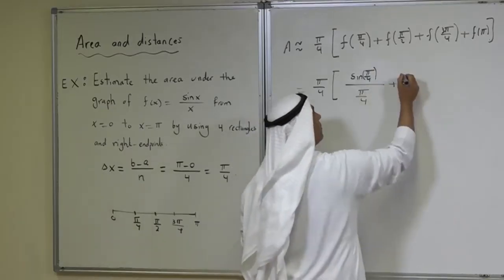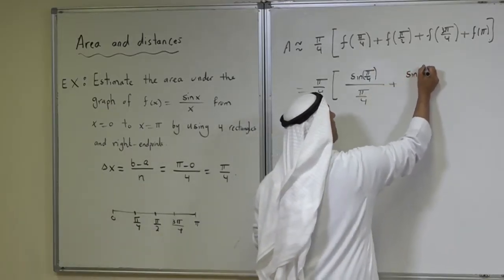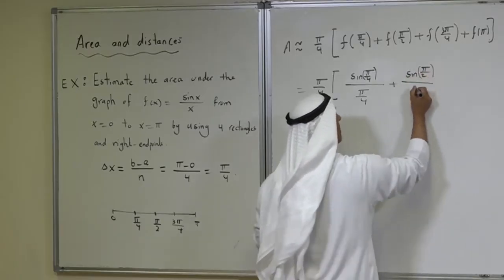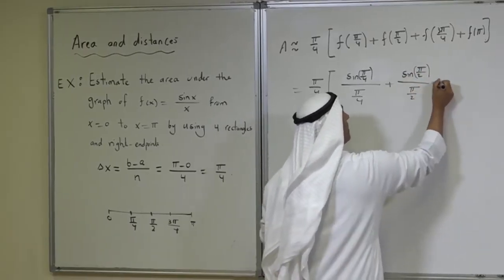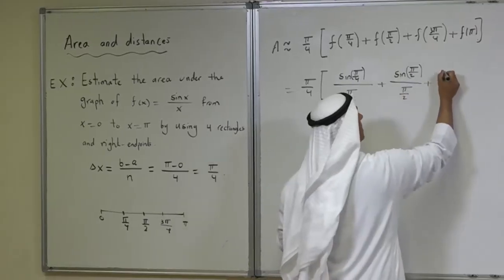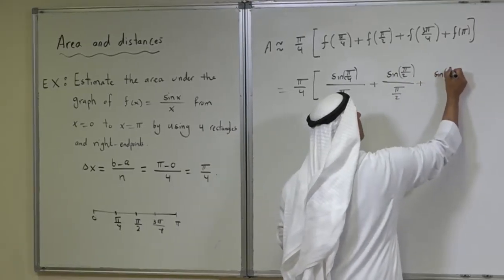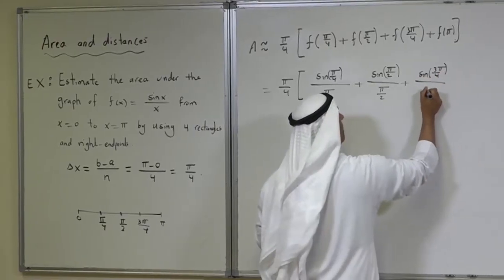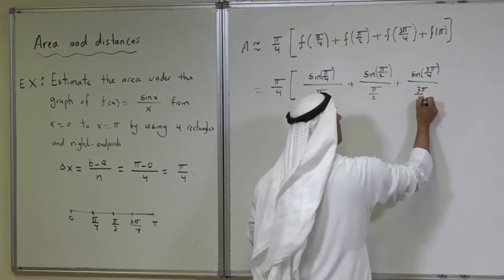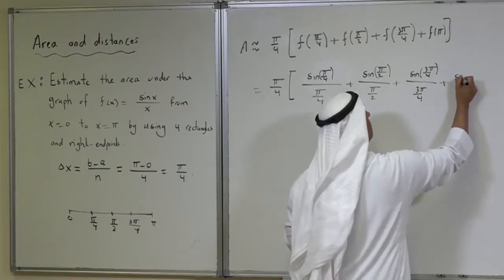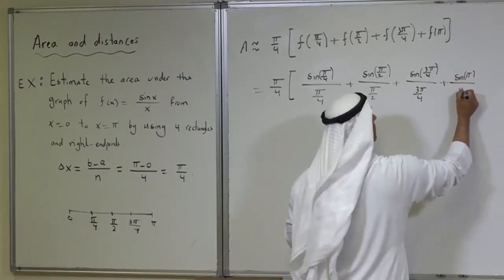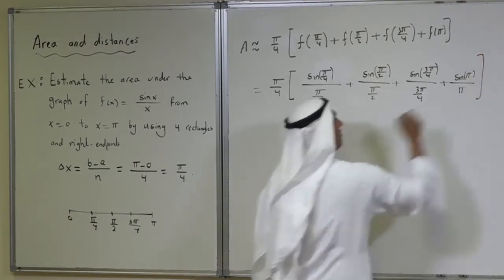Plus, similarly here, it will be sine of pi over 2 divided by pi over 2. The next one, 3 pi over 4, so it is sine of 3 pi over 4 divided by 3 pi over 4. And finally, we have sine of pi divided by pi. Okay, this is what we have.